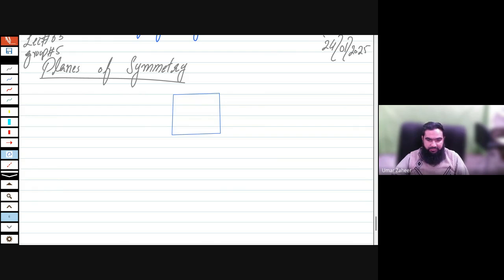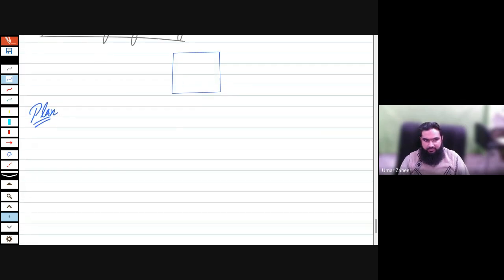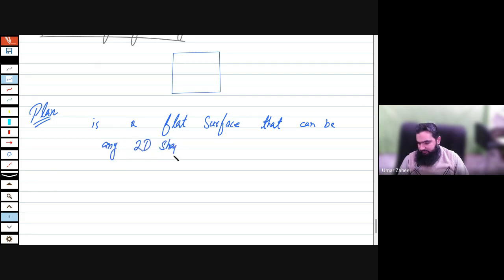The term plane is a flat surface that can be any 2D shape.